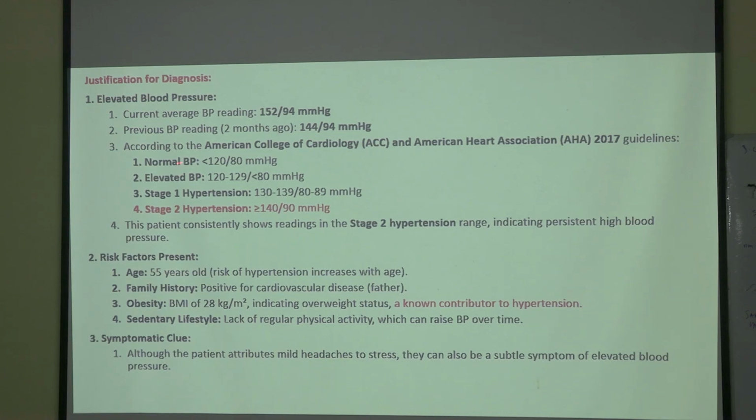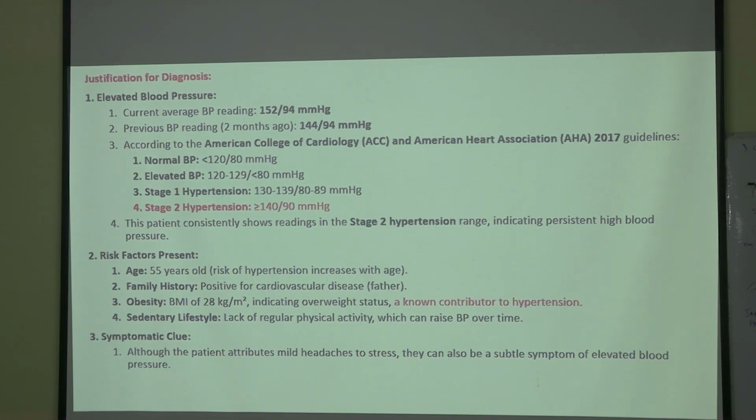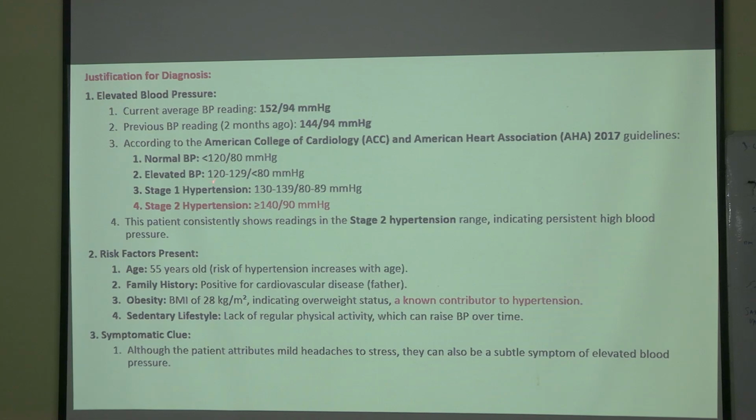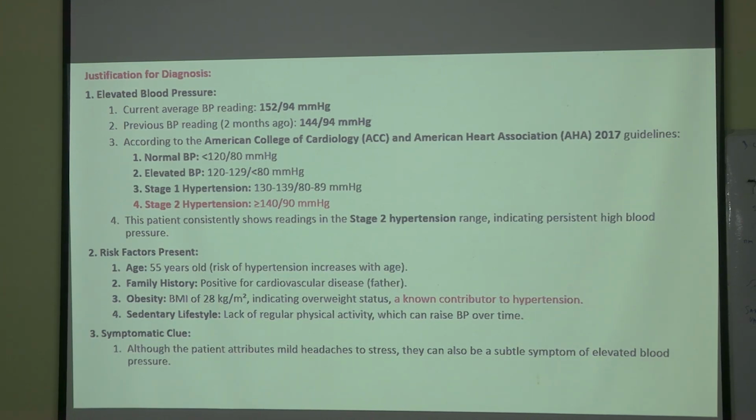Normal blood pressure is around 120 or less than 120/80 millimeter mercury, that is, systolic 120 and diastolic 80. There is a slight elevation in the second category, where the systolic value is in the range of 120 to 129 and the diastolic value is less than 80 millimeter mercury.